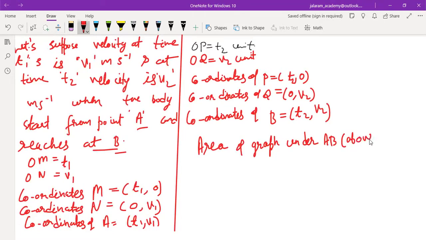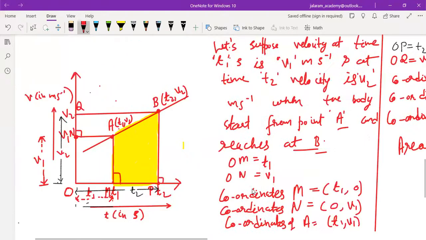Above the x-axis. So clearly it's a quadrilateral ABPM. You can watch again: along the boundary, it is our quadrilateral ABPMA.